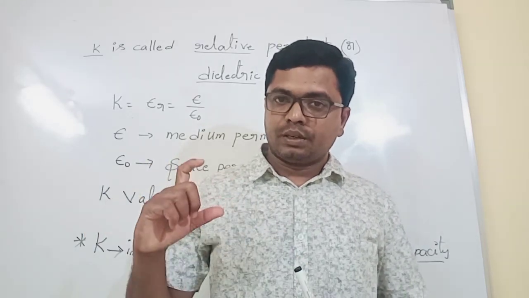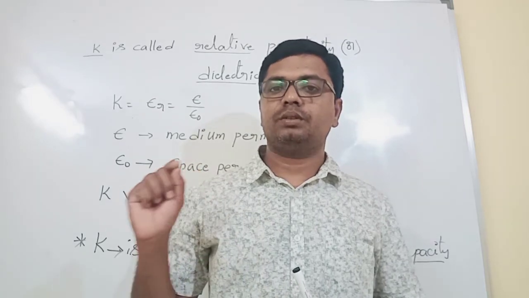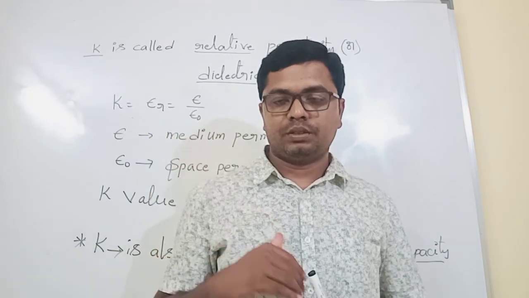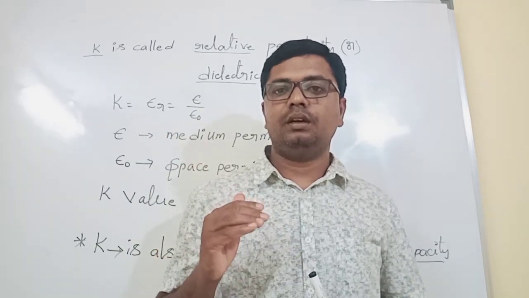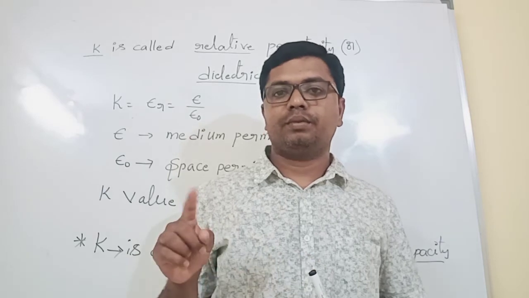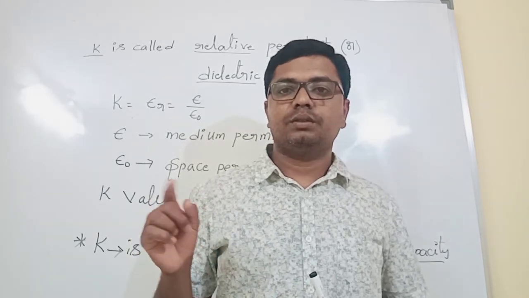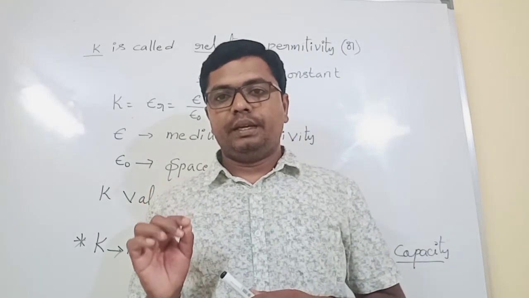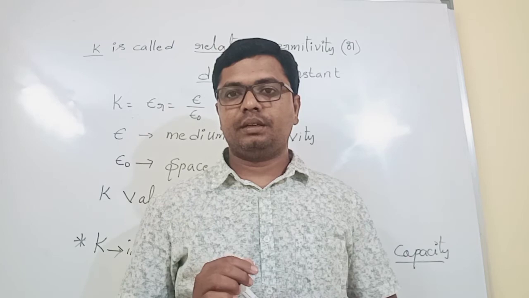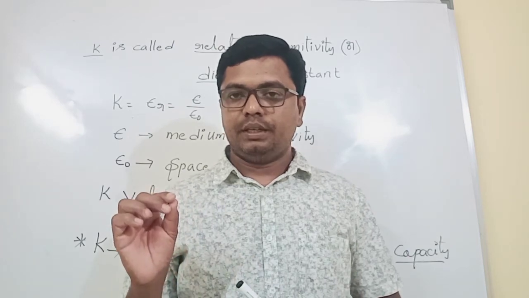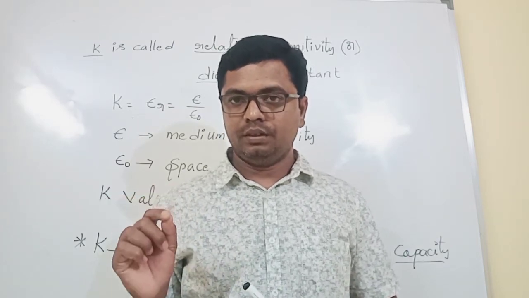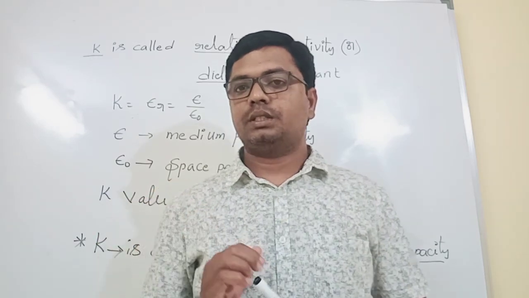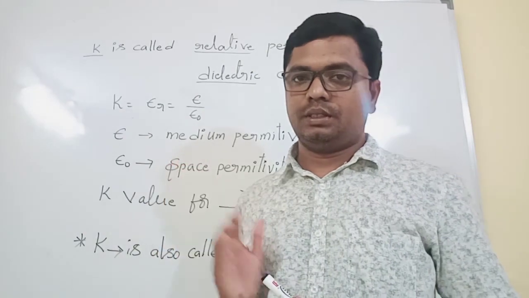So F is directly proportional to Q1 Q2 by r square. Removing the proportionality, we introduce the proportionality constant K naught, which is 1 by 4 pi epsilon naught, so F equals 1 by 4 pi epsilon naught times Q1 Q2 divided by r square. Its value is 9 into 10 to the power of 9 newton meter square per coulomb square.